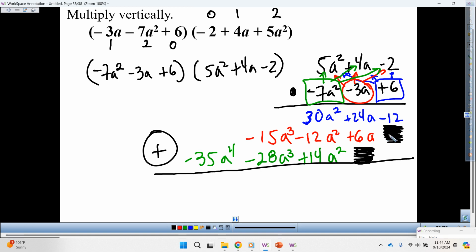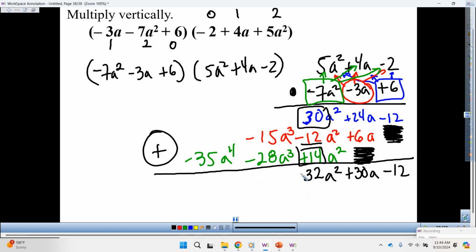Bring down the negative 12. 24a plus 6a is what? 30a. Check this out. I'm going to combine like terms here. What is 30 plus 14? 44 minus 12. 32a to the second.